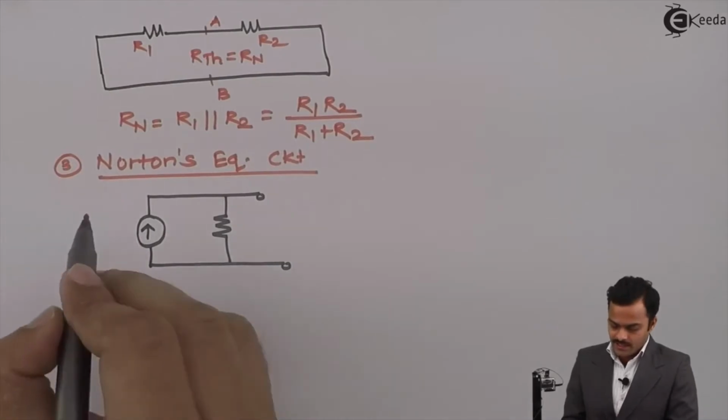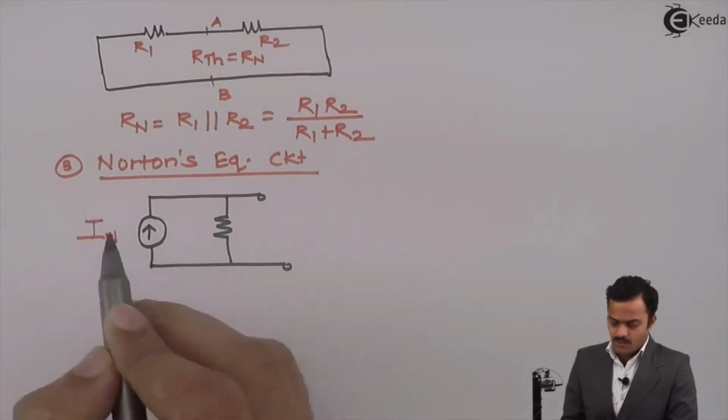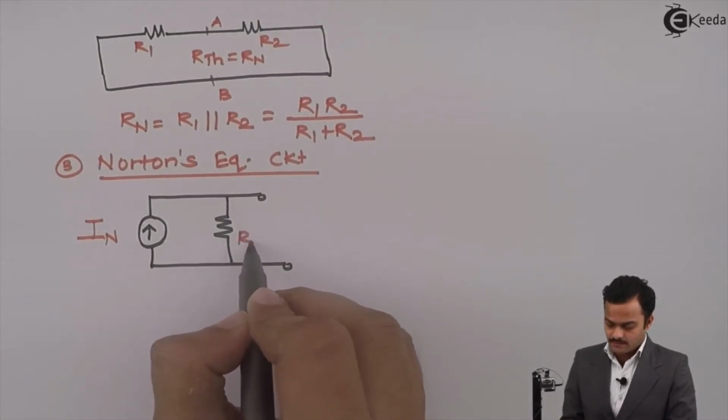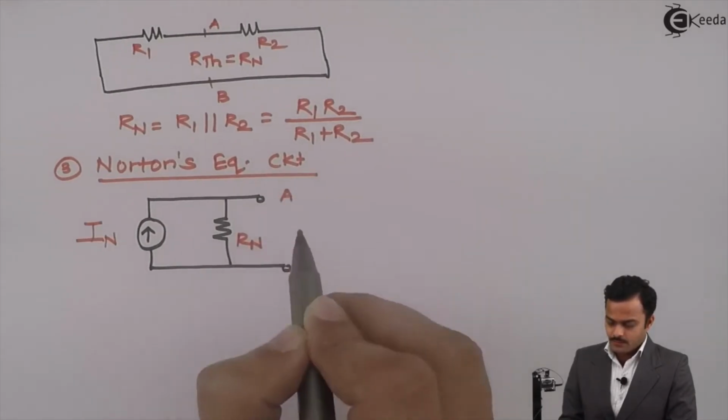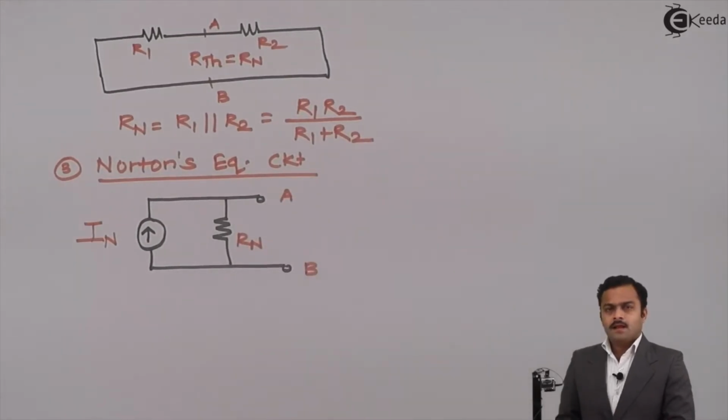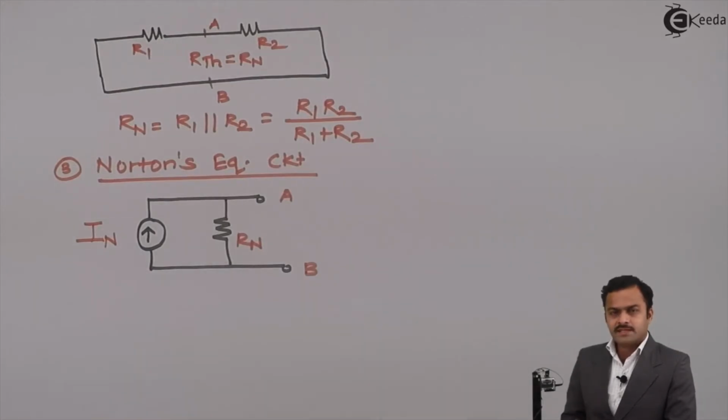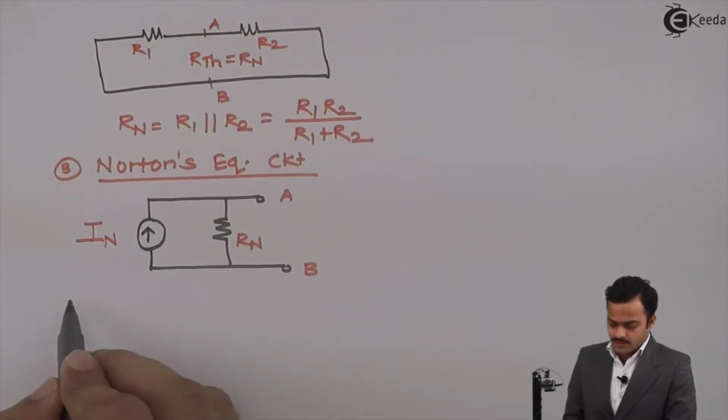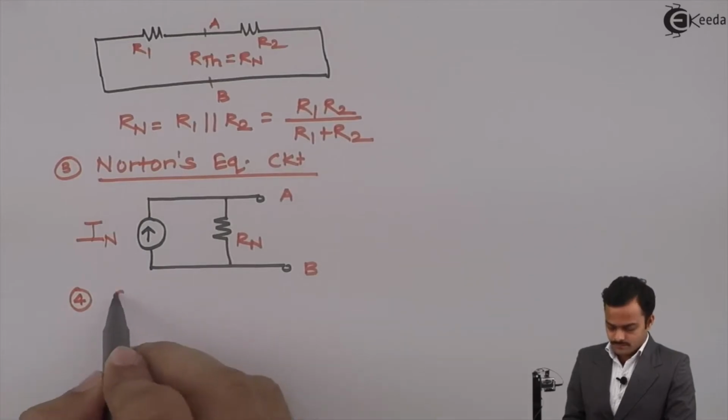Current source is IN and parallel resistance is RN, and these are the points A and B. How we are going to use Norton's equivalent circuit to find out IL, that we will see in the next step.